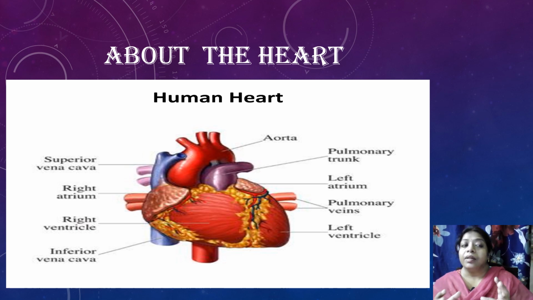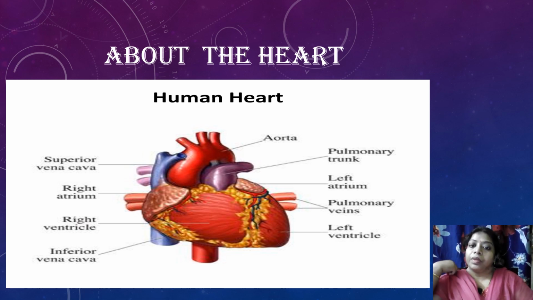The heart has three important layers of tissues. We are going to see what these three layers are and what their functions are in this session. The first one is the epicardium.